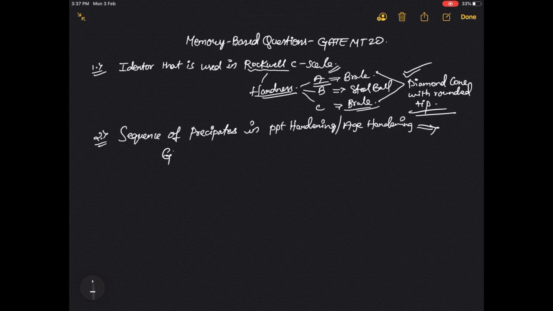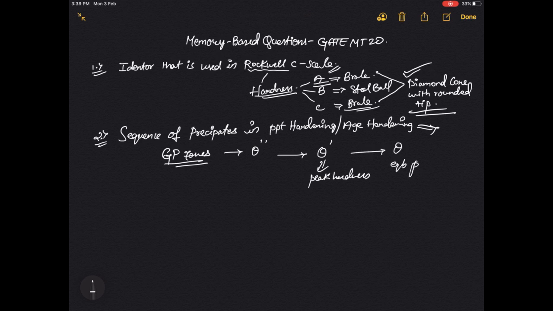The answer is firstly the GP zones will be formed, which are nothing but clusters of different atoms, which grow to form theta double dash, where we get to see the peak hardness, and finally we'll be getting theta, the equilibrium precipitate.